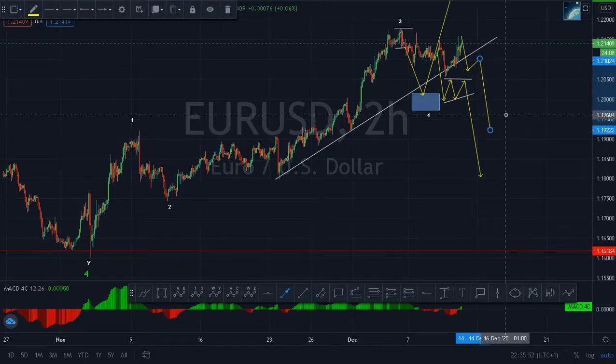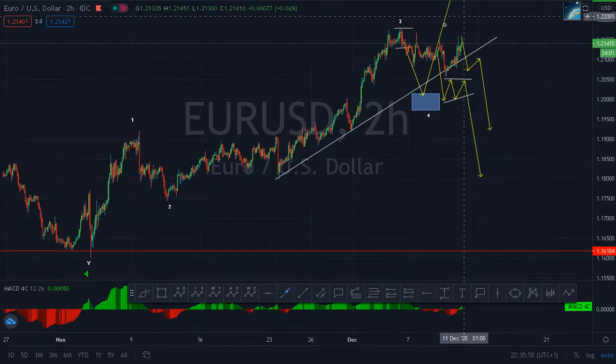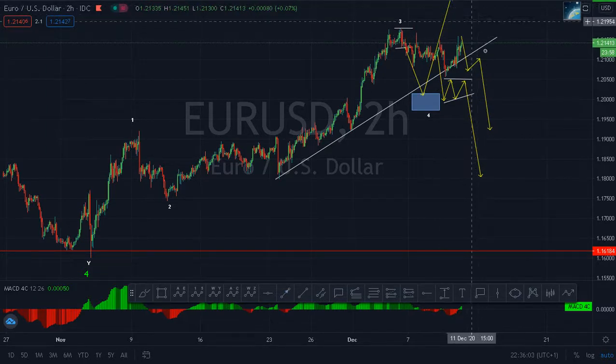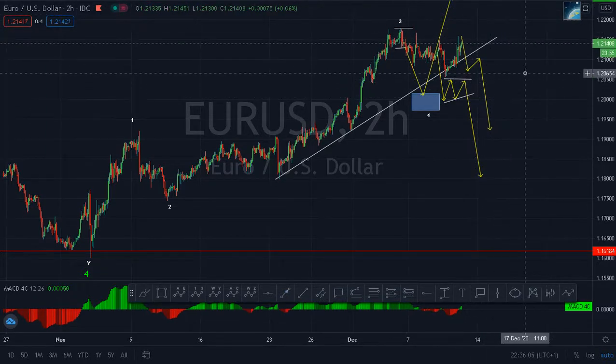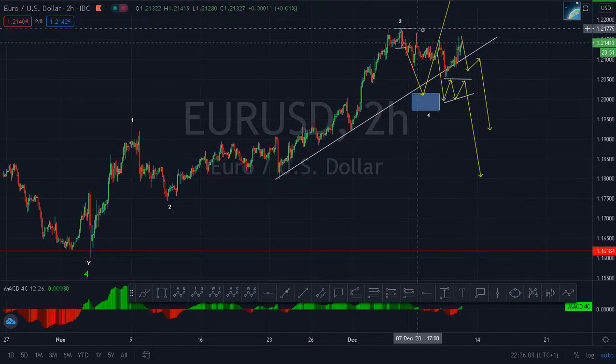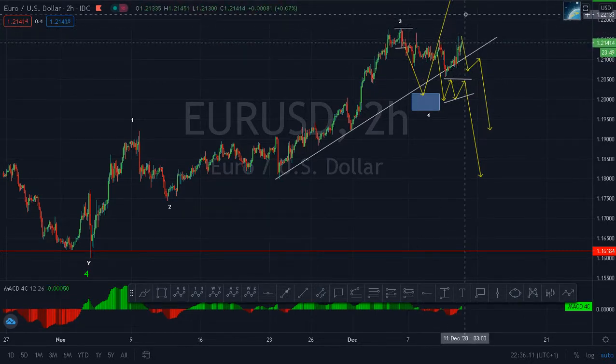So for this reason, I will be watching. I will not trade, but we will likely break this top before this happens. But if the market comes up and breaks this top and it doesn't go far, why trade it?